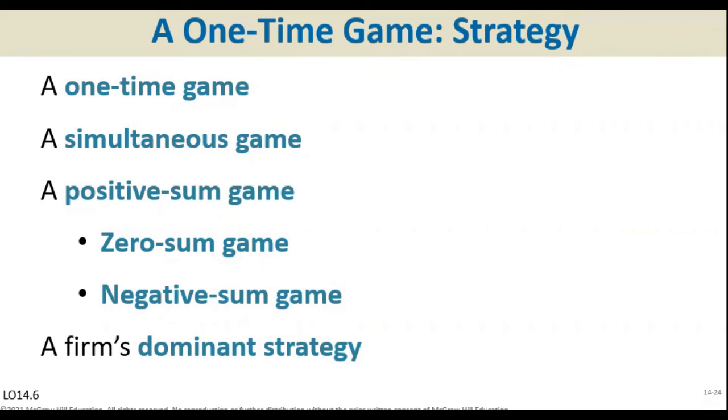So here, we'll begin by looking at the one-time game, right? And a one-time game means that firms make the decision in a single time period. And a simultaneous game means that firms make the decision simultaneously.